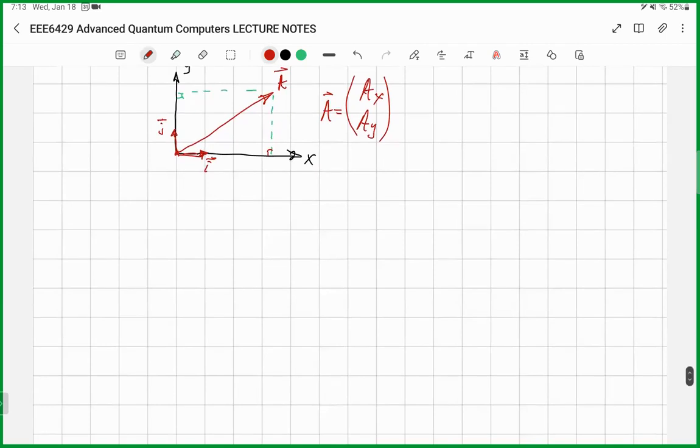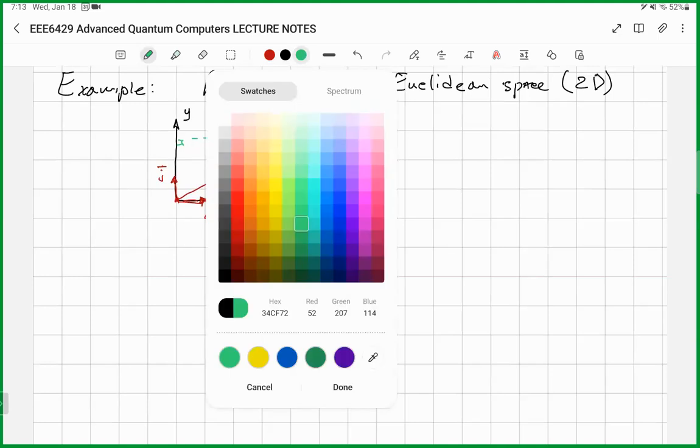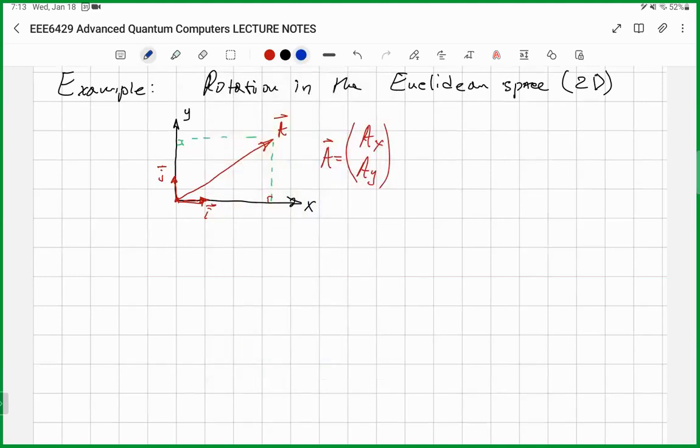Right? And let's now rotate the coordinate system to another one by some angle phi. Well, this is the new coordinate system. Let's denote it by y prime, x prime, and you see that this coordinate system is rotated by angle phi.